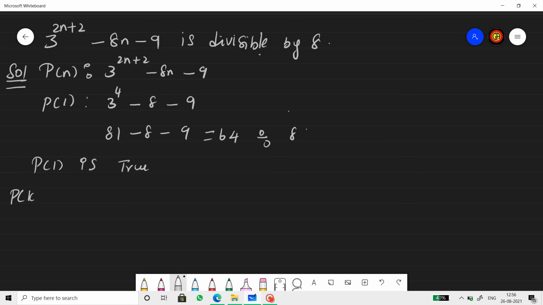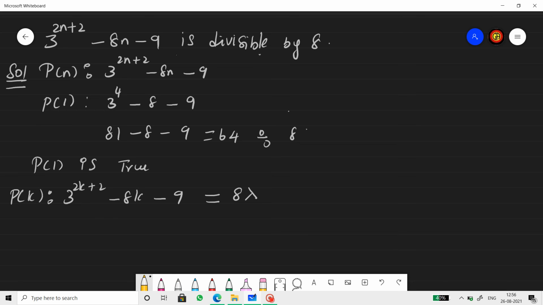So P of k would be 3 to the power of 2k plus 2 minus 8k minus 9. And we generally assume P of k is true. True meaning what? It is divisible by 8. So I assume it is 8 times lambda. Well, how?